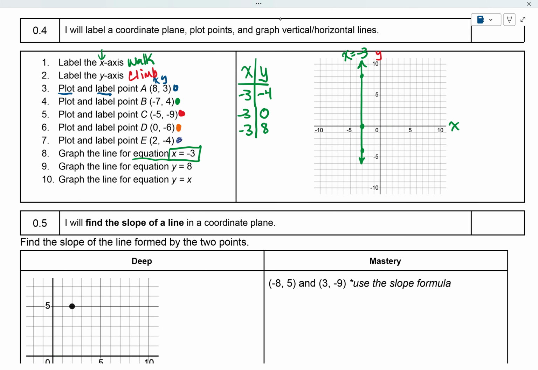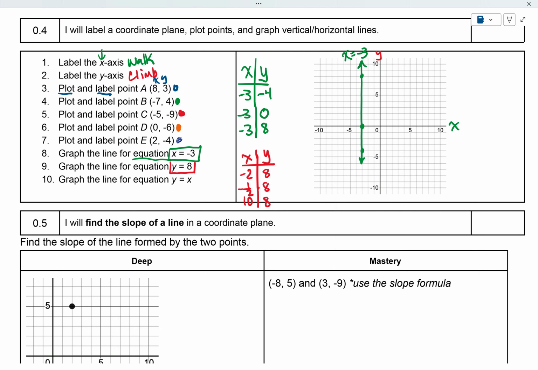Now, as for our number 9 equation, y is equal to 8. It's pretty much equally boring. What we're saying is, on a table, y is 8, y is 8, y is 8, and x could be any creative number you want to think of. For example, it could be -2, or +10, or, -1/2 if you're feeling adventurous, okay?